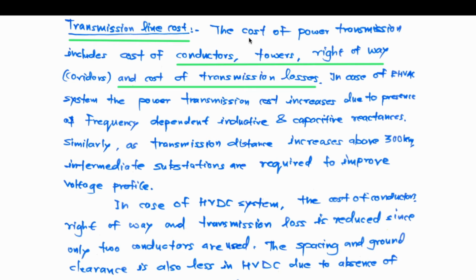It is the variable part of the cost in the characteristics, which increases linearly with the distance. Right of way means the corridor, the space required for installing the tower structures. If you are transmitting bulk power, then naturally land permissions will be required for installing the towers. So that is what right of way is.